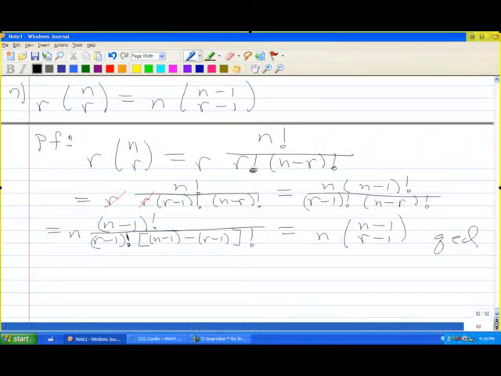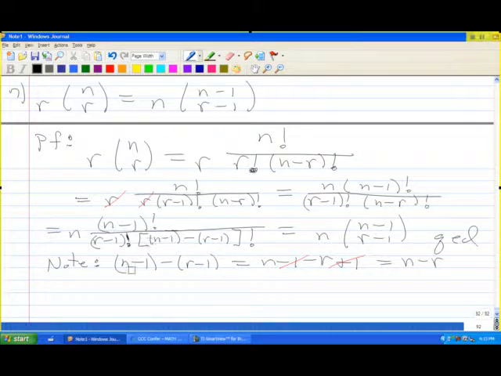And you are done. Note that n minus 1 minus r minus 1, changing all the signs inside the parentheses, is equal to n minus r. So that's why I replaced n minus r by n minus 1 minus r minus 1. Obviously, differences are translation invariant.